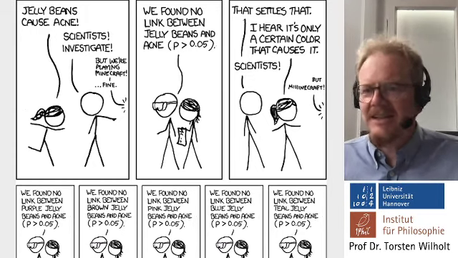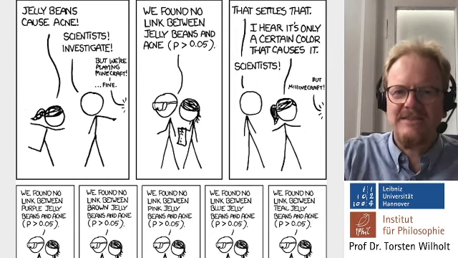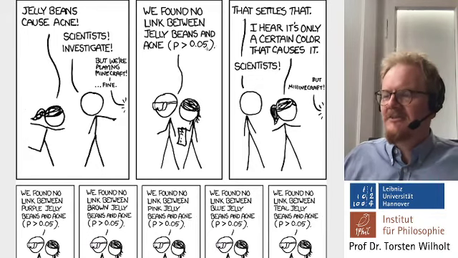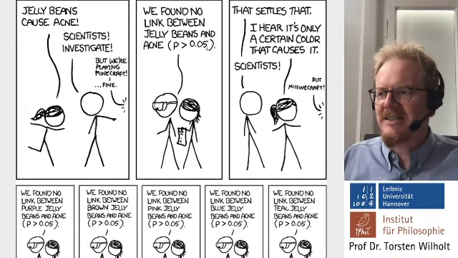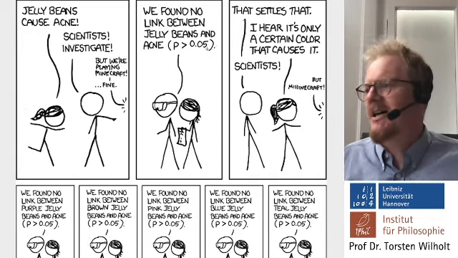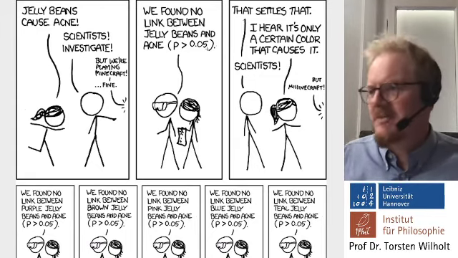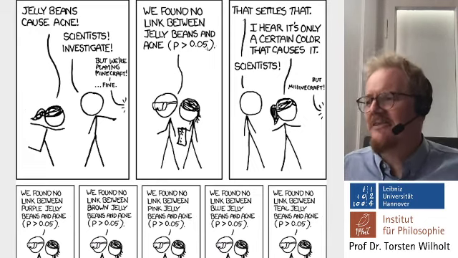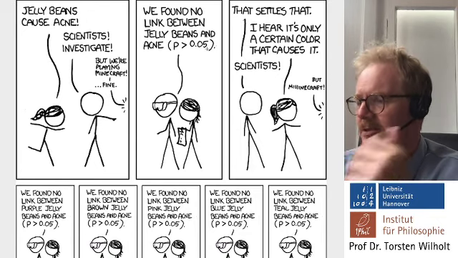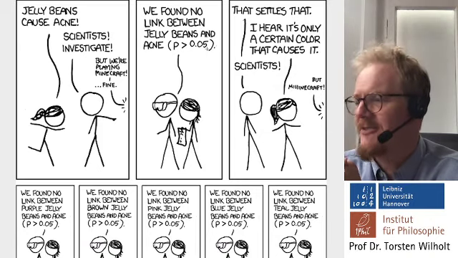The scientists investigate and they say, oh, we found no link between jelly beans and acne. The p-value is larger than 0.05. That means the null hypothesis is that there's no correlation between eating jelly beans and getting acne, and the data that you get is compatible with it, so it's what you expect if there's no correlation.